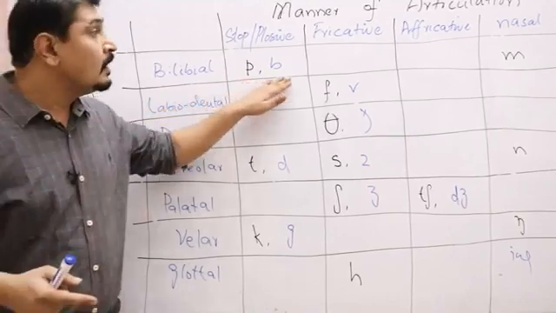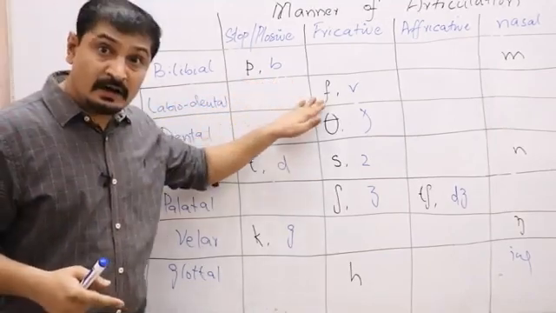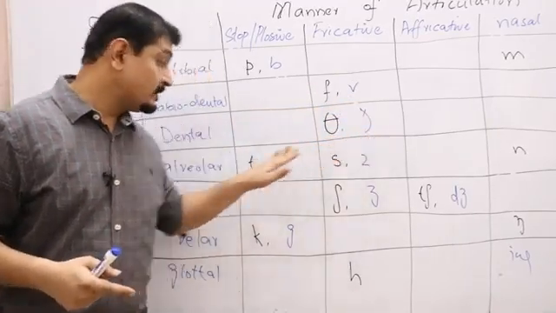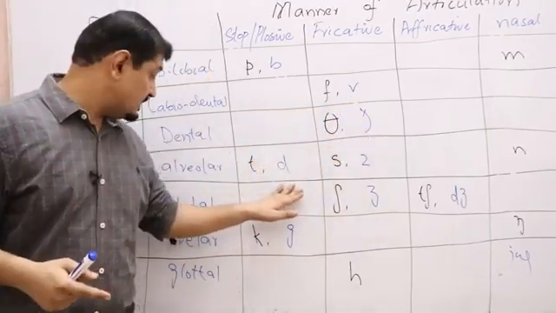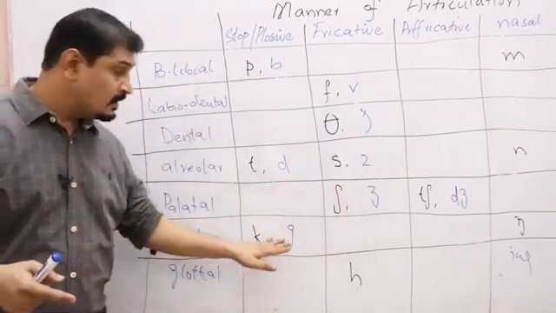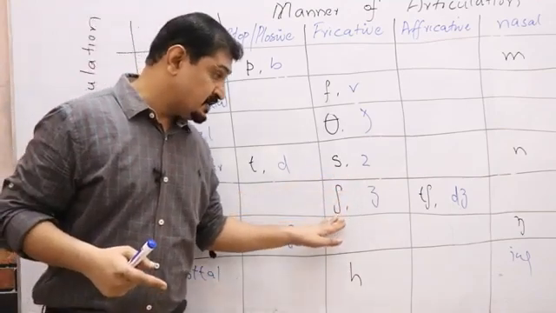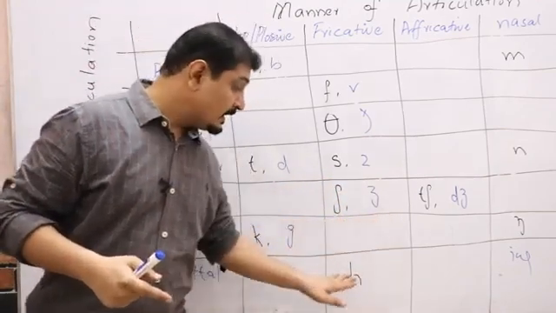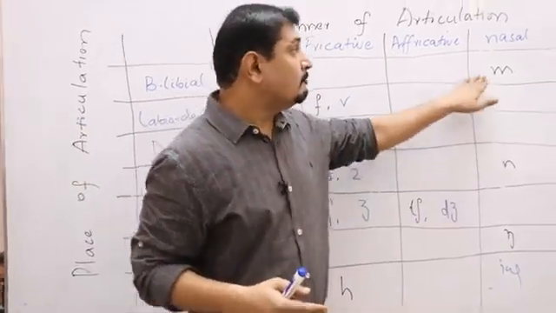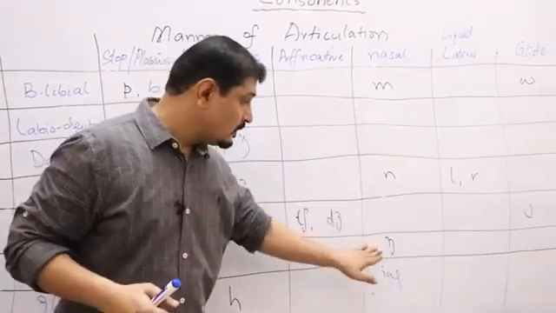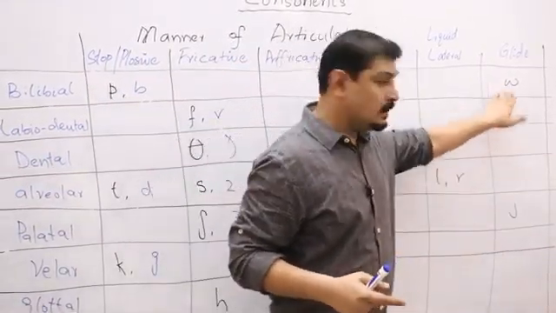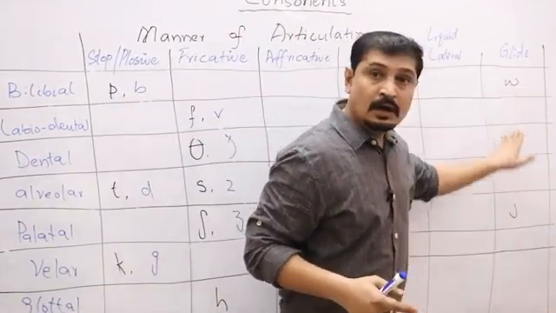P, b, f, v, th, the, t, d, s, z, k, g, sh, zh, h, j, m, n, ng, l, r, w, y, yeah.